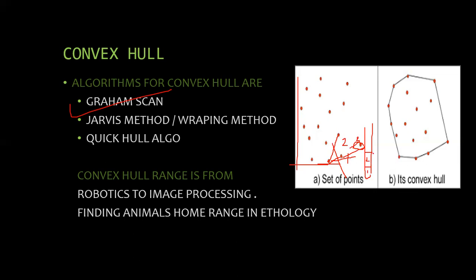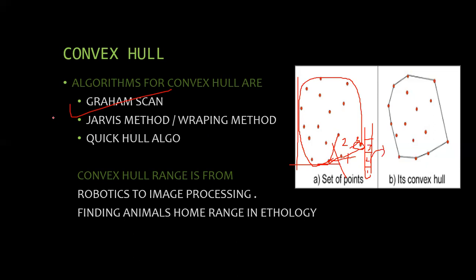Then we'll pop this 2 and push this 3 here. Repeat these steps until we get back to our starting point. That will connect all these points, and in this way we can solve the Graham scan method.